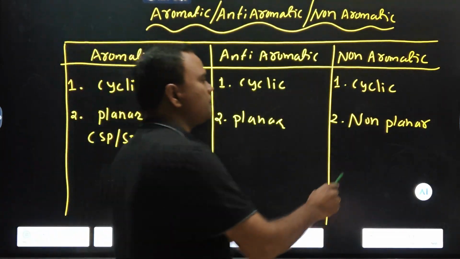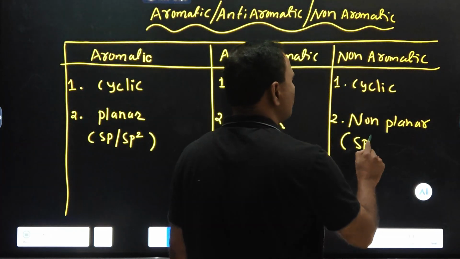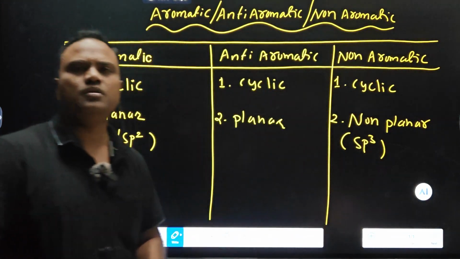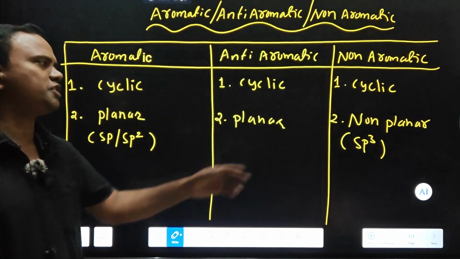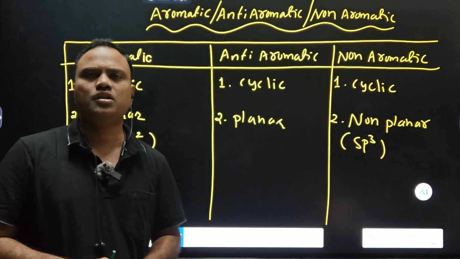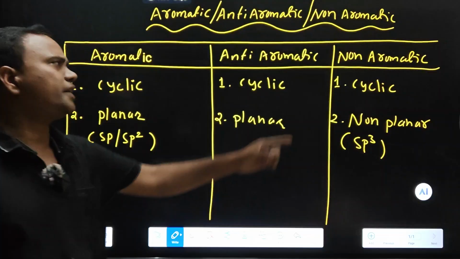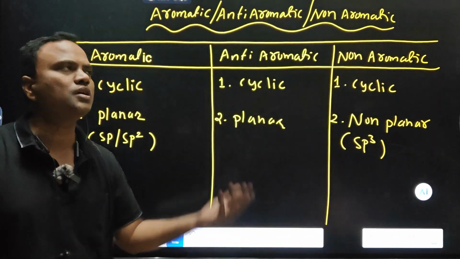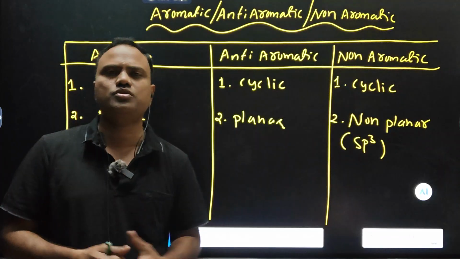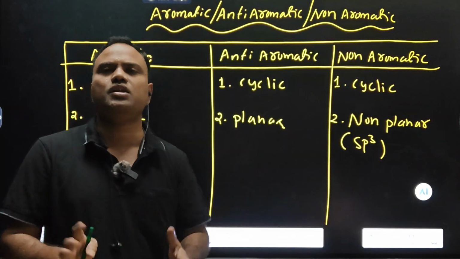Compound is non-planar means presence of sp3 carbon. A carbon surrounded by all single bonds is called an sp3 carbon. So it is very easy to identify non-aromatic compounds. If you have an sp3 hybridized carbon, then that is non-aromatic. No need to check any other condition.